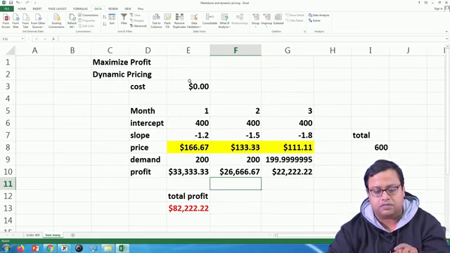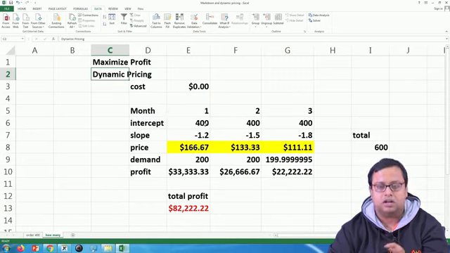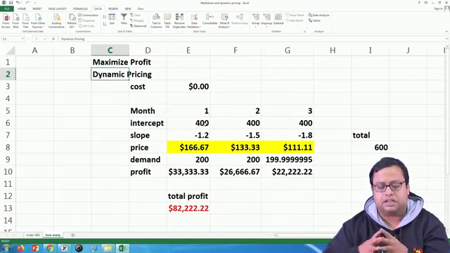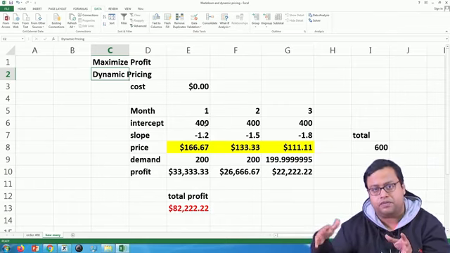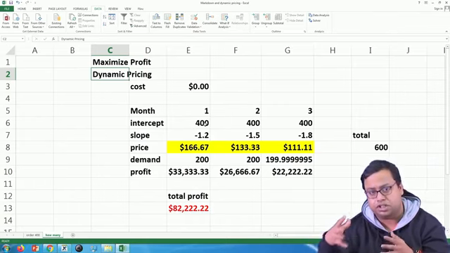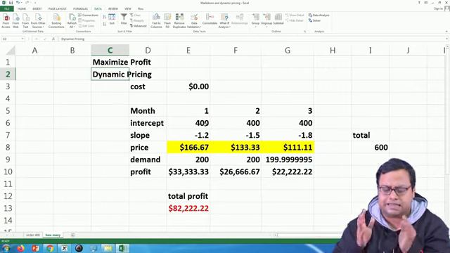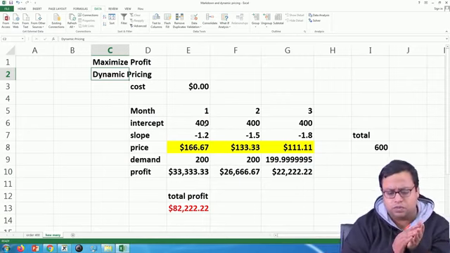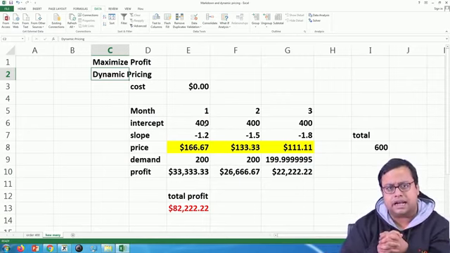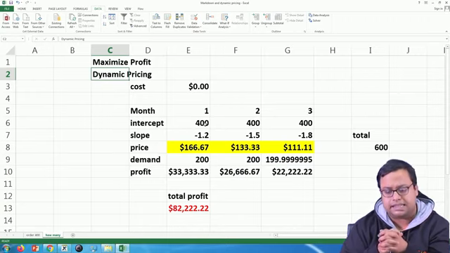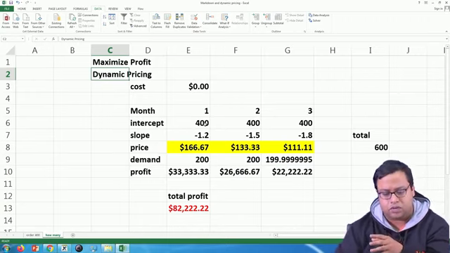Oftentimes we call it dynamic pricing because you are changing the price based on the demand, based on the cost, based on the demand slope, how the slope of the curve, the price sensitivity of the curve, is changing, and your prices are also changing. But one important thing to focus on is that the price is still dropping: 166 to 133 to 111.